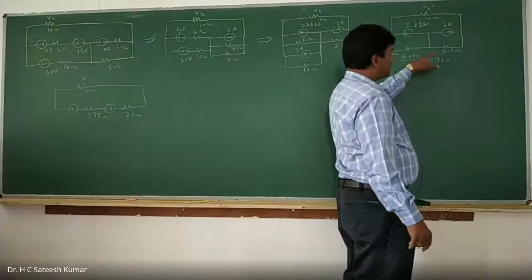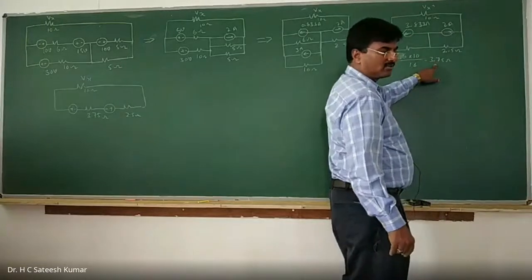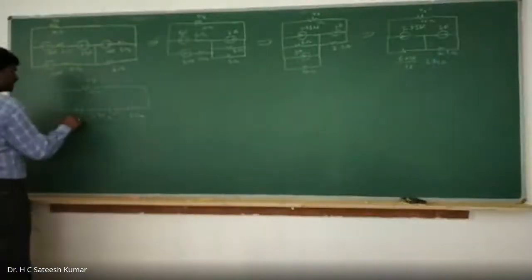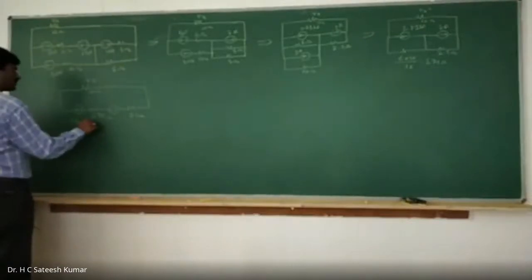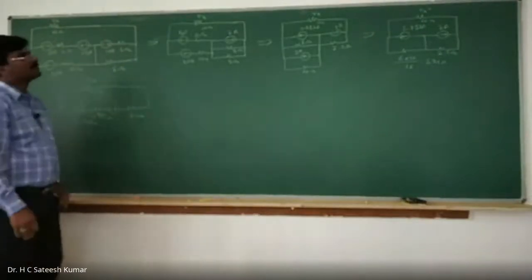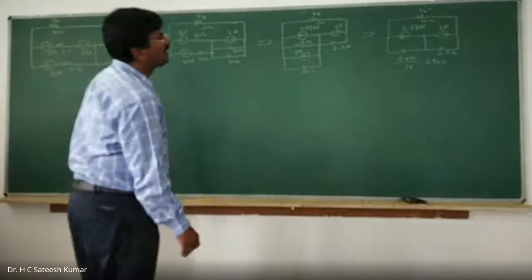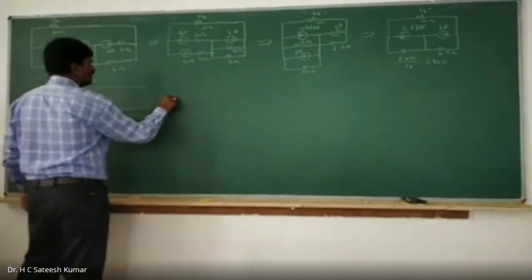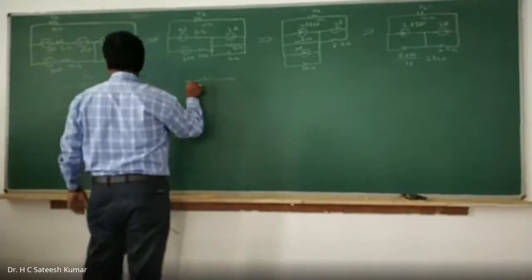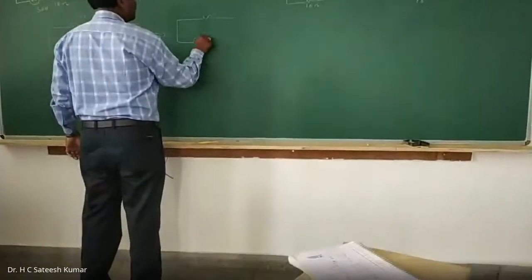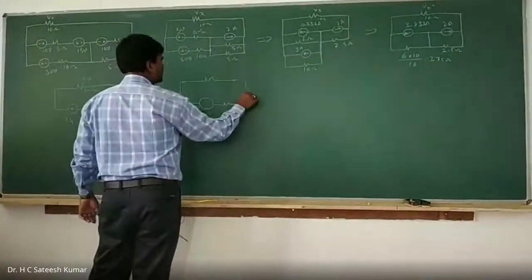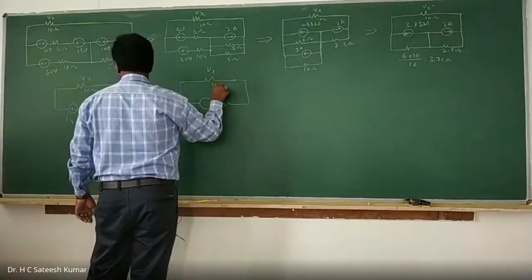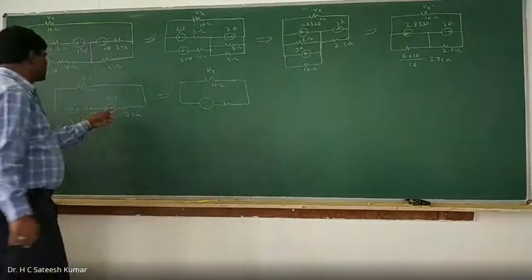3.833 multiplied by 3.75 is 14.37 volts, and this one, okay, 2.5 into 2 is 5 volts. Now you simplify further, a voltage source in series with a resistance. This is Vx, 10 ohms. Okay, right, plus minus, minus plus.